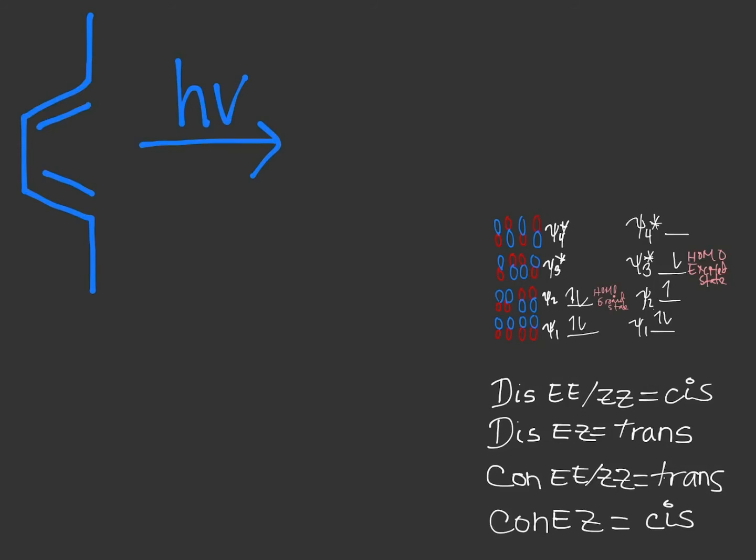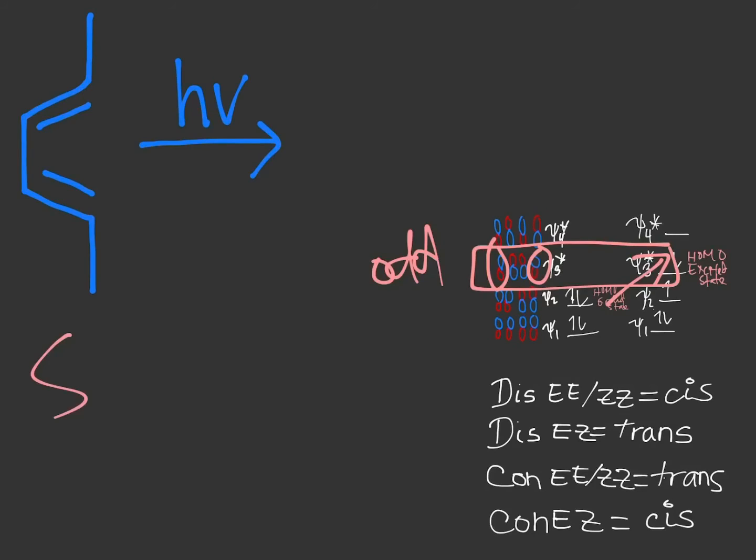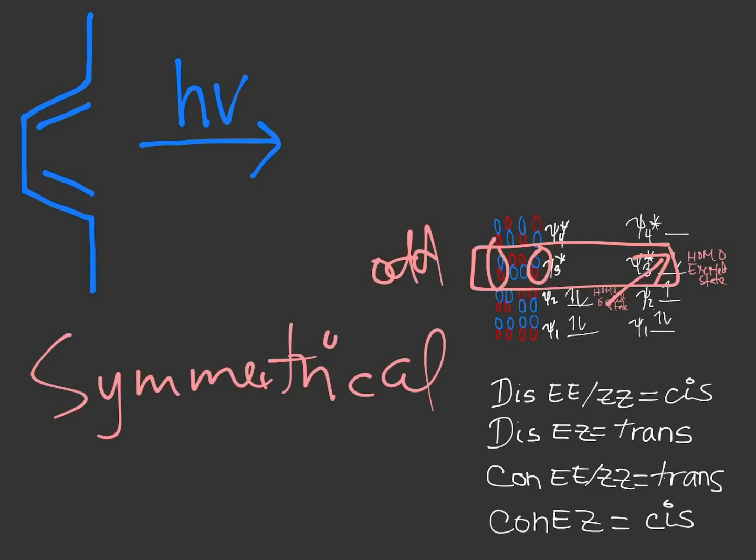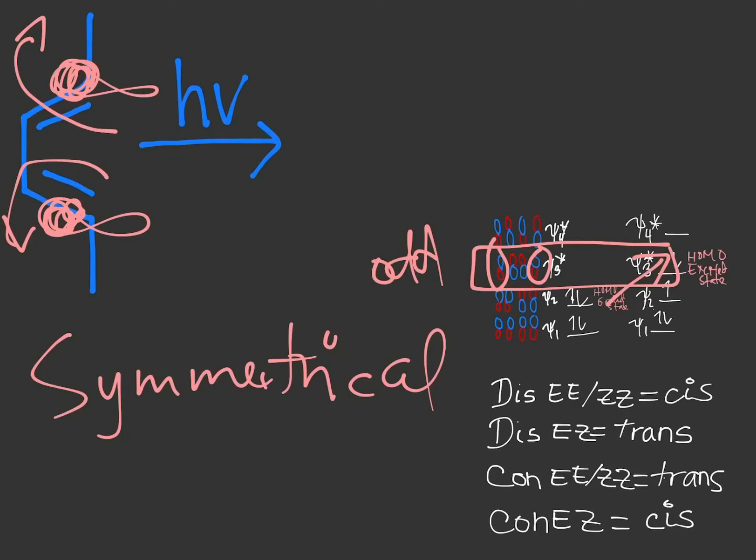If on the other hand, we apply light and it undergoes a photochemical reaction, we can see that the HOMO will go to the excited state. And in this excited state, because it is odd, we can see that it's symmetrical. Because it is symmetrical, it will go in a disrotatory manner.